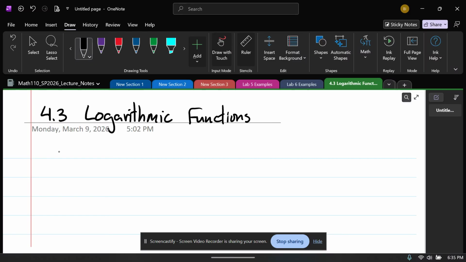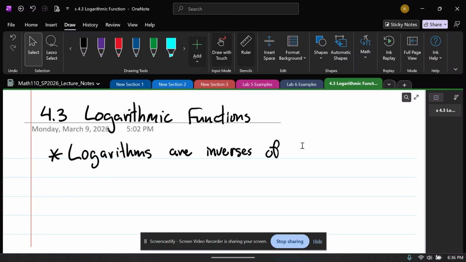Okay. And just like I said earlier, logarithms are inverses of exponentials.